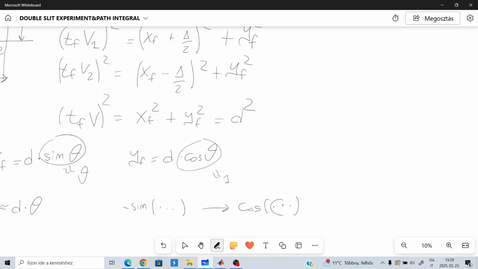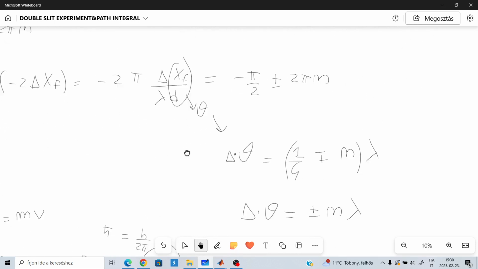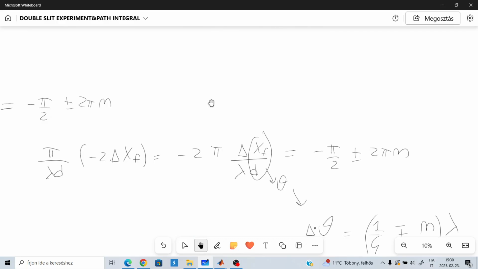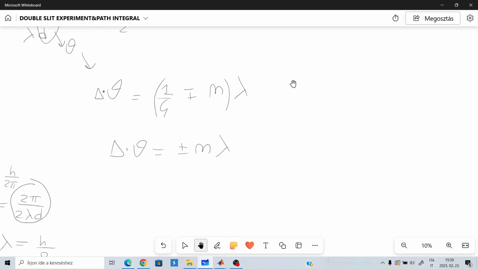The argument inside the sinusoid would be the same. And therefore, in that case, if we want to maximize the cosine, we don't have to set this expression equal to this, but rather we have to set it equal to just plus or minus 2 pi n, right? And in that case, if you do the calculation, you don't get this term of 1 over 4. So you simply get this expression here, which is the expression that appears in books describing the double slit experiment.